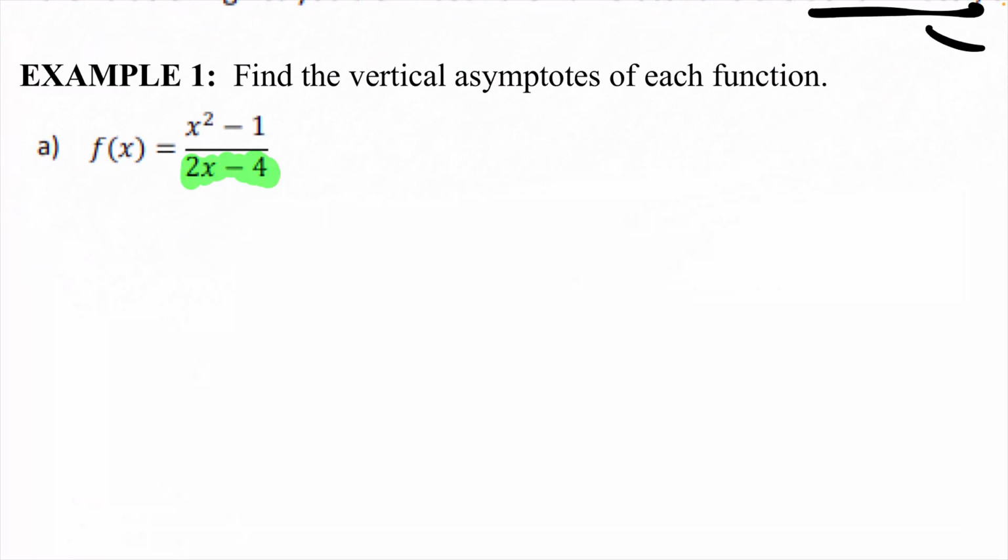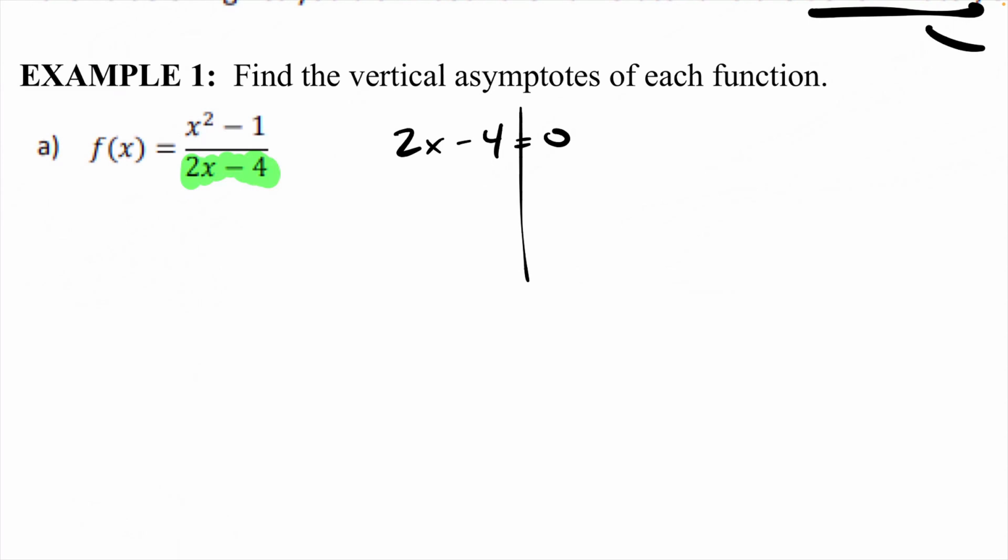If we want to know where the denominator equals 0, set it equal to 0, right? Solve for x. So what's the first thing we're going to do when we solve for x? Some of you can do this in your head, but let's pretend you can't. What's the first thing I would do?